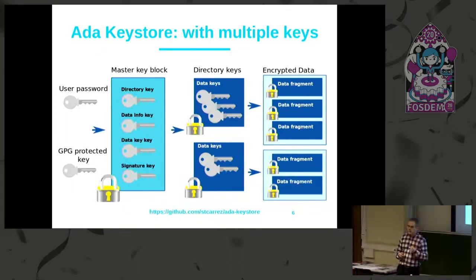So you create the key store and you initialize it with the GPG public key of each participant. Each participant will have their own GPG protection key, and each participant will be able to unlock the key store by using their own GPG private key. And we can go up to seven people.